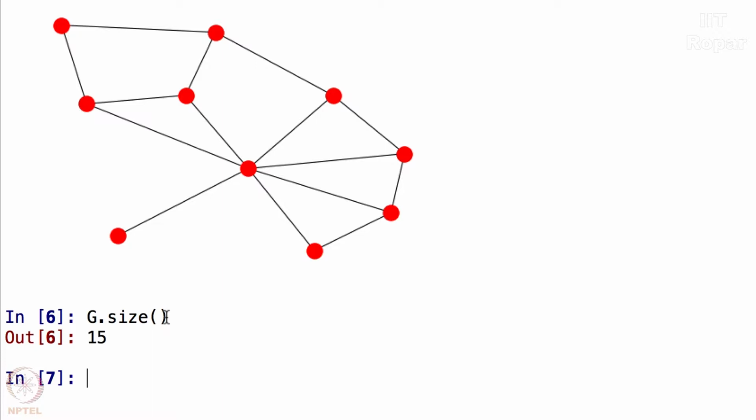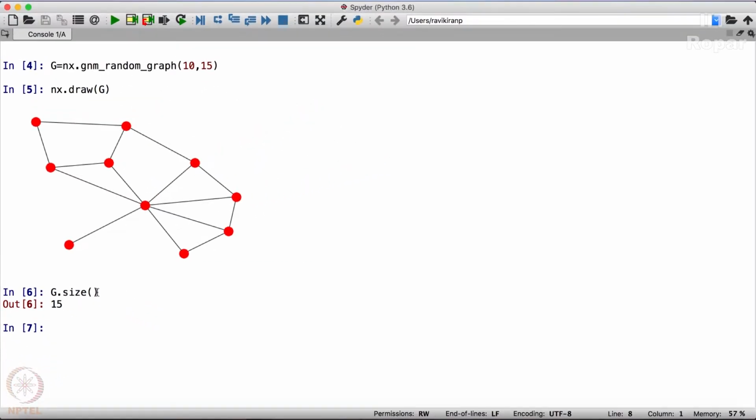Now, we have seen how to create a random graph by specifying the number of vertices and the number of edges. Here comes another cute aspect of graph theory. I can generate a random graph using the parameter probability. Instead of the number of edges, I specify the probability of an edge between two nodes.